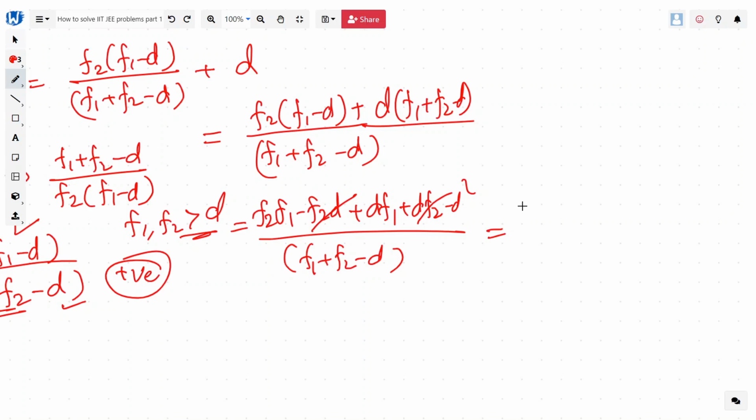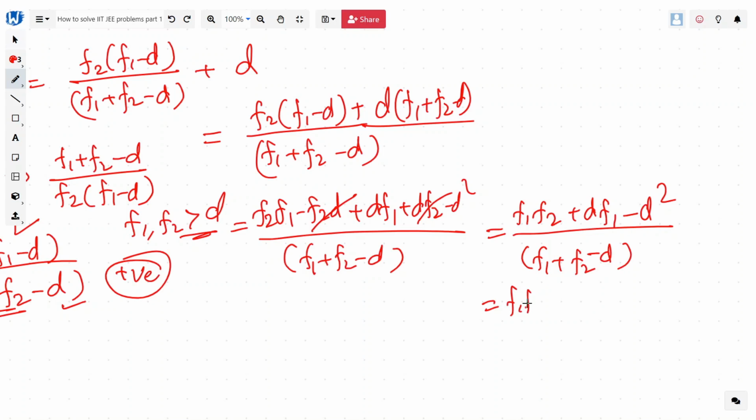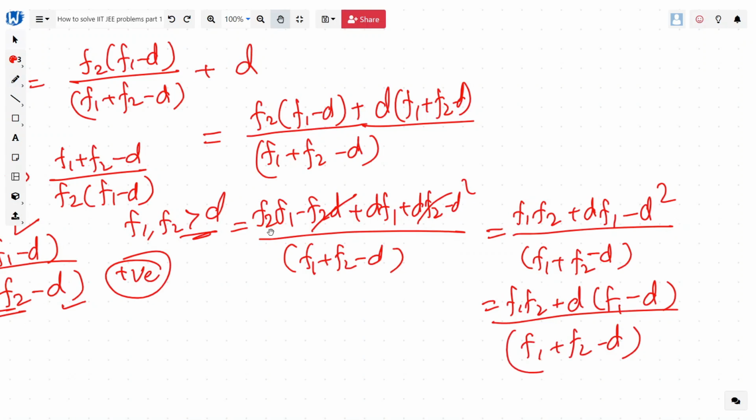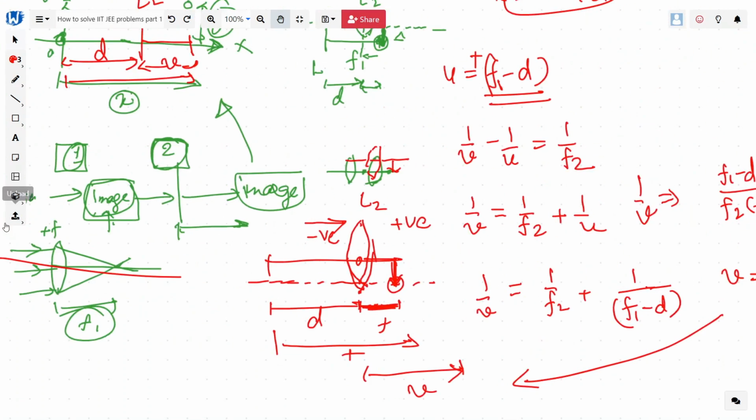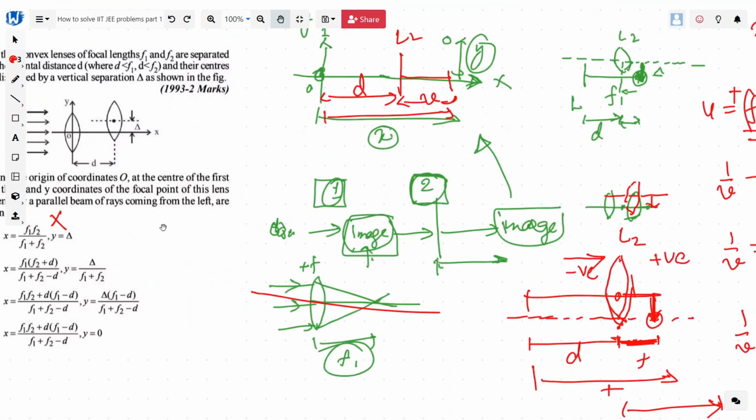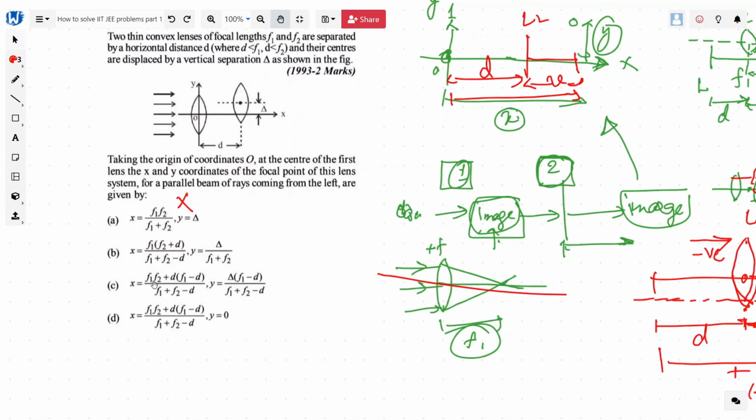Okay, so this is going to be f1 f2 plus d f1 minus d square, divided by f1 plus f2 minus d. f1 f2 plus d f1 minus d equals f1 minus d times f1 plus f2 minus d. Let's look back at what we have got here, and we have it in number 3, right, which is the same expression.